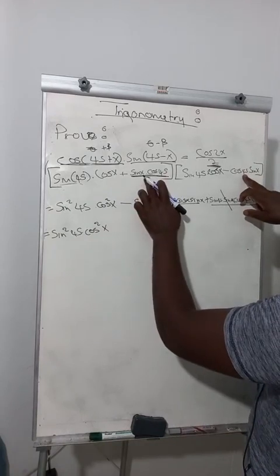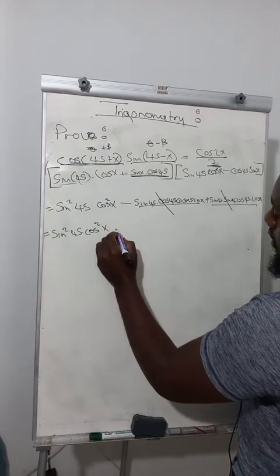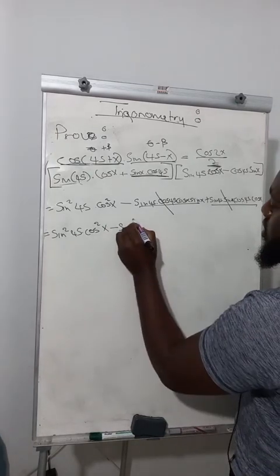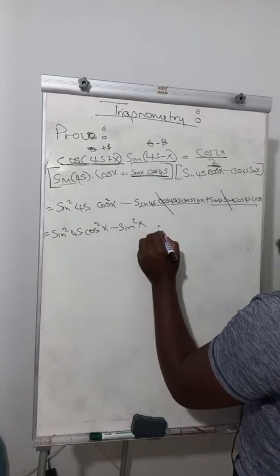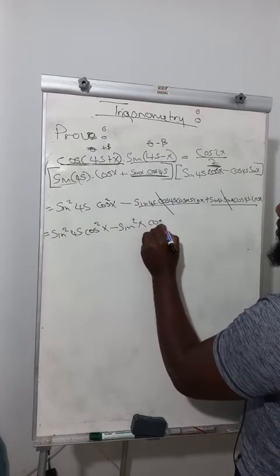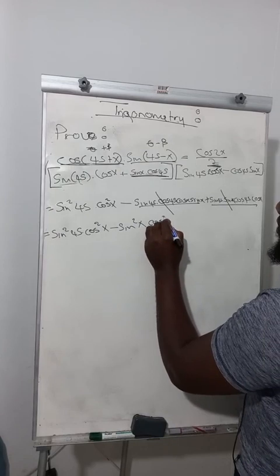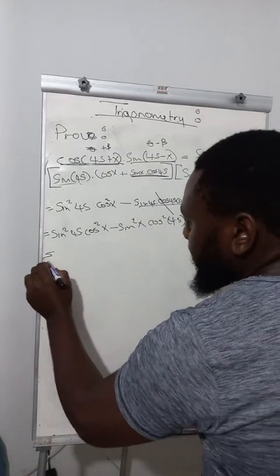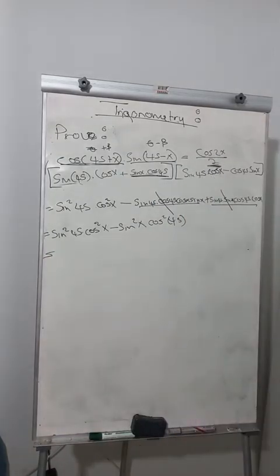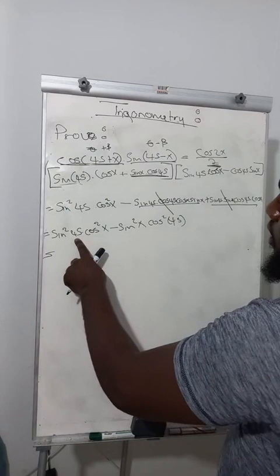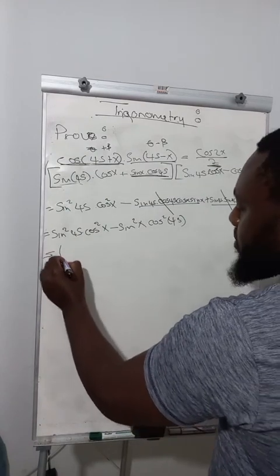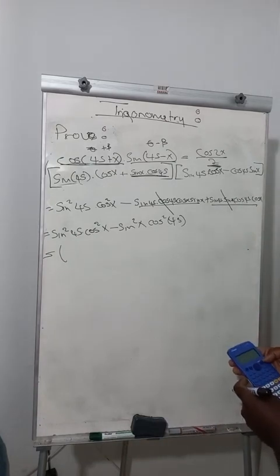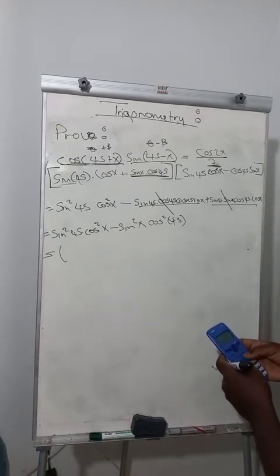Then these two here will give me negative sine squared x, and then cos squared 45. I think now you will have something like this. Now, where's my calculator? So now, what is sine 45?